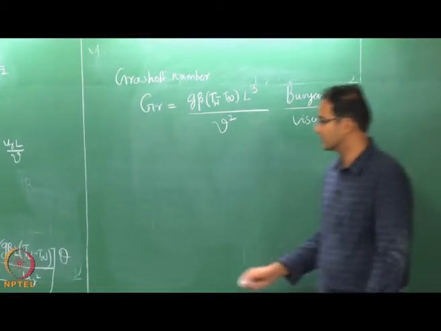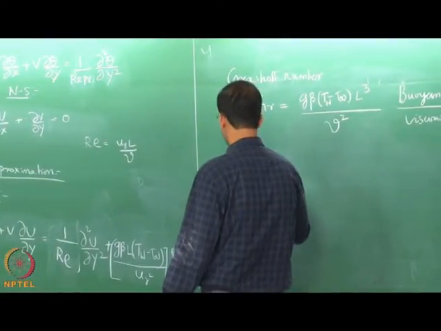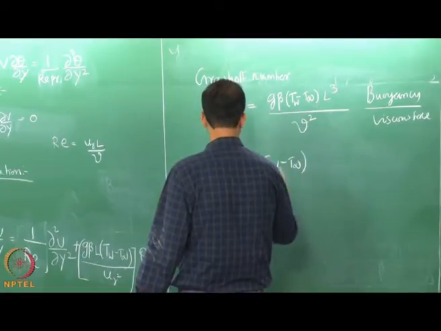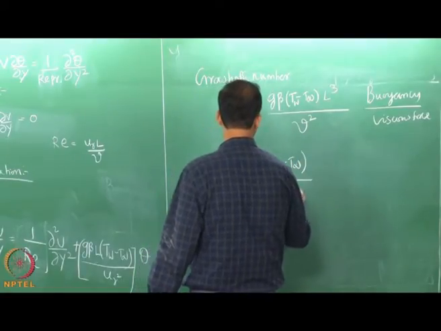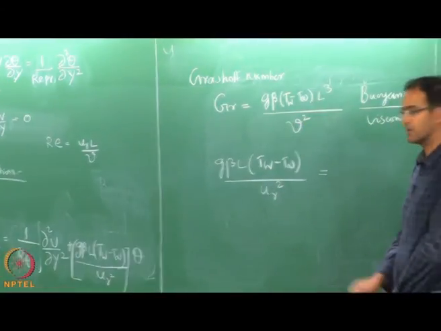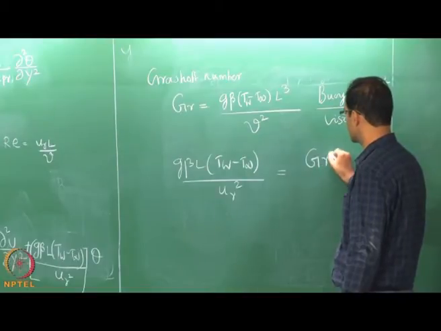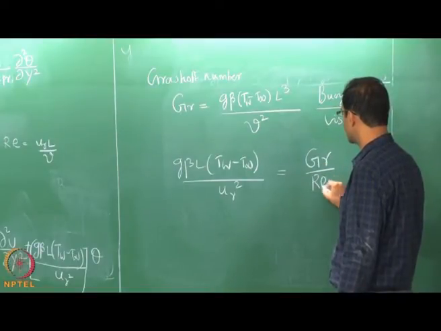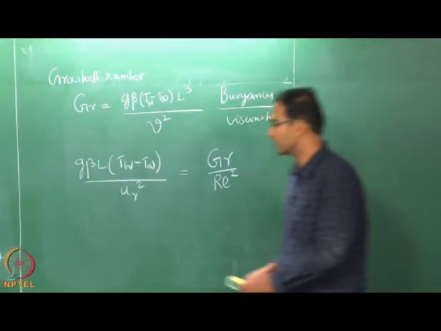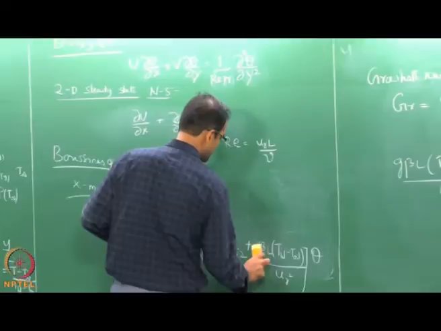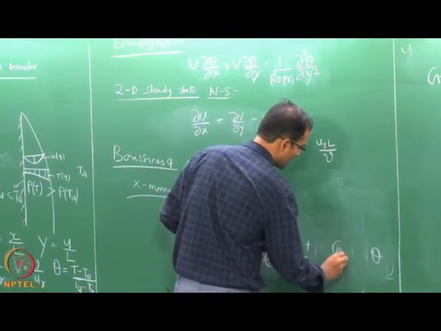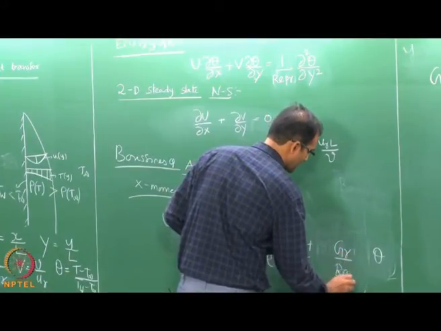So, therefore, you can write g beta L into T wall minus T infinity by u r square. How do you express this in terms of Grashof and Reynolds number? Turns out that this is nothing but Grashof by Reynolds number square. Okay. So, therefore, this entire non-dimensional group is nothing but the ratio of Grashof to Reynolds number square.